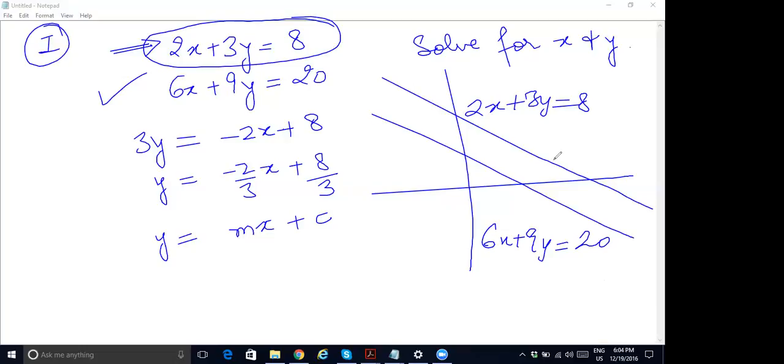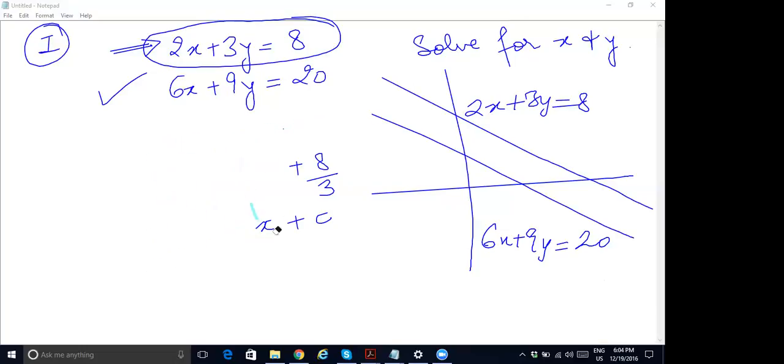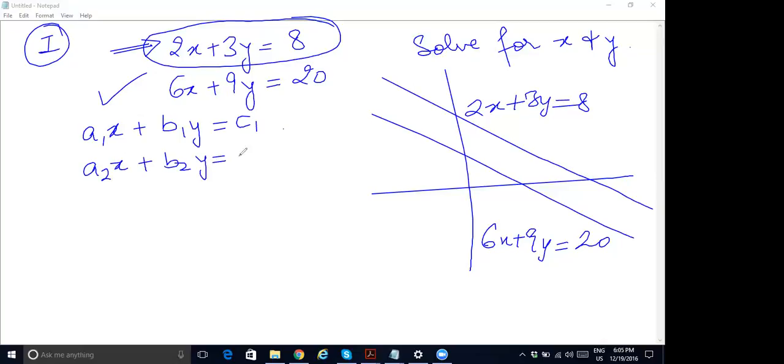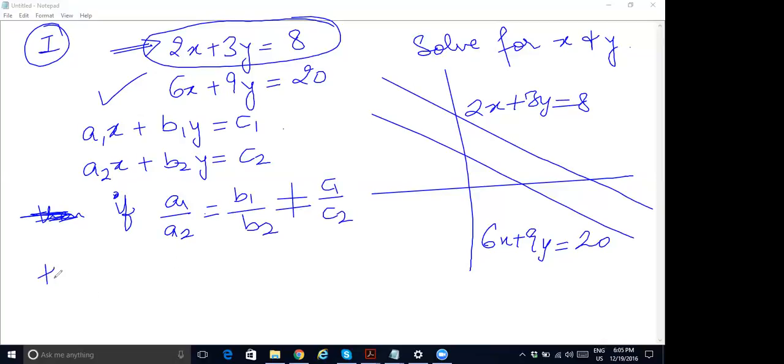So what it actually is, if the equations are in this form, a1x plus b1y is equal to c1, and a2x plus b2y is equal to c2, then if a1 upon a2 is equal to b1 upon b2 is not equal to c1 upon c2, then the above setup, are they parallel lines?